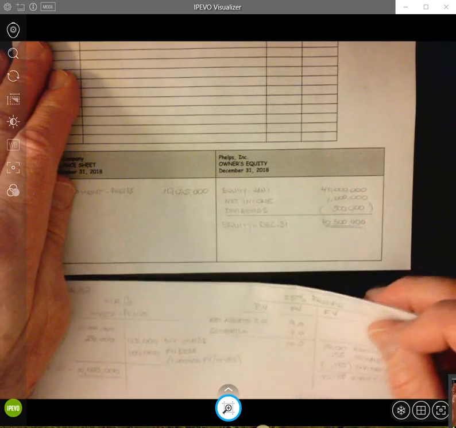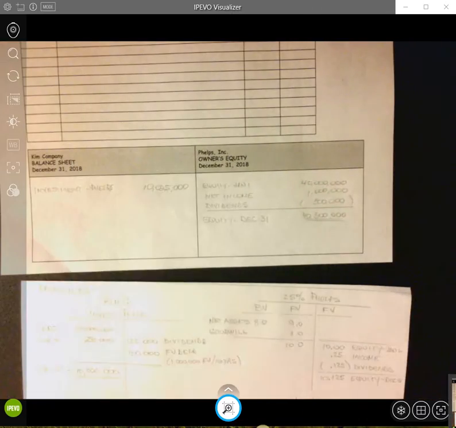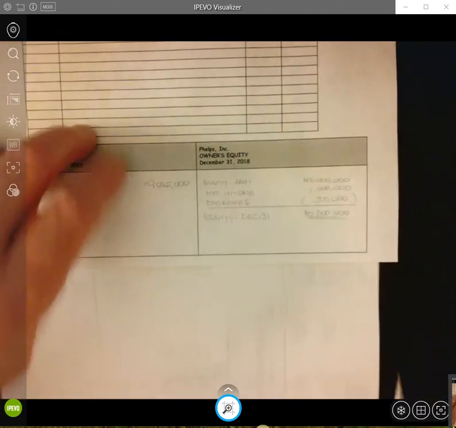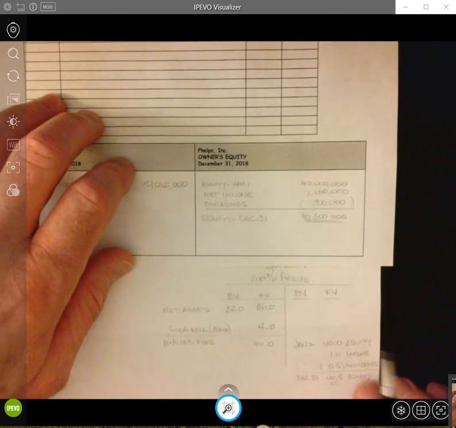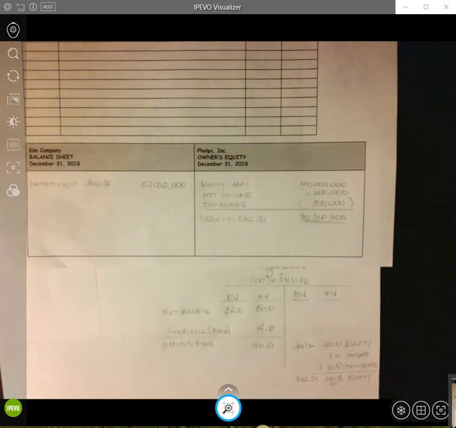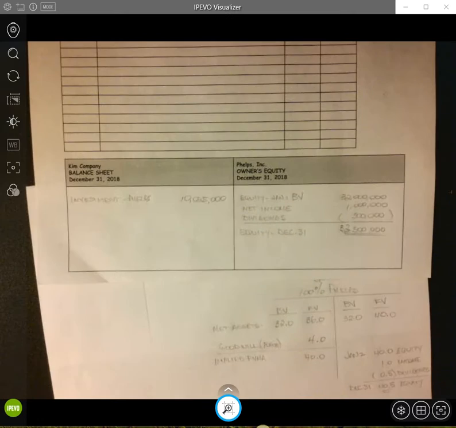The next question was, what would the owner's equity be of the subsidiary? In this case, we want to show the 100% condition because that's what the question asked for. What would the owner's equity of the subsidiary be? Well, it would be the book value of the owner's equity at the beginning of the year, which is $32 million, not the $40 million that the parent paid for those assets.